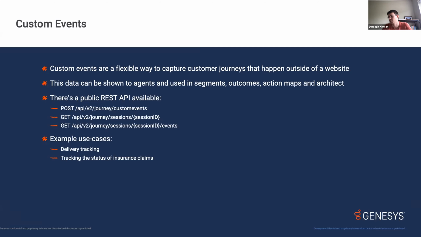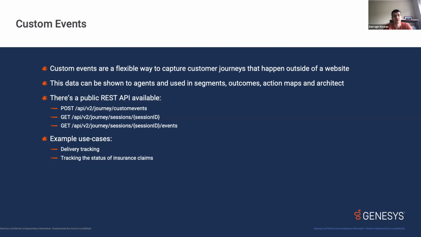The agent would then have to go into a separate system, look up where the delivery is, and then get back to the customer. Whereas with this, you can build an integration with the delivery tracking software and send those custom events to us, updates on the delivery. We can include those in the customer journey, and I'll show you an example of that.